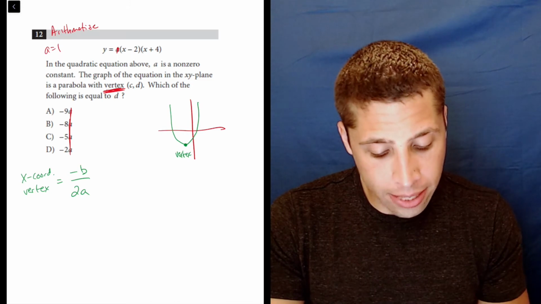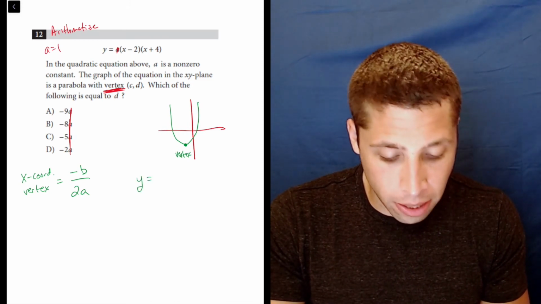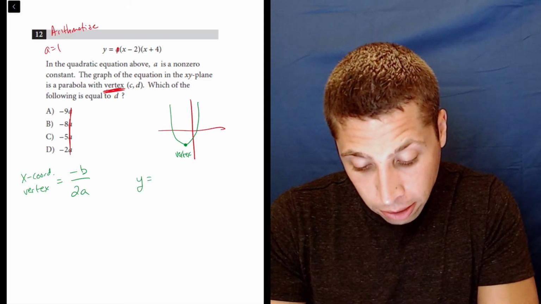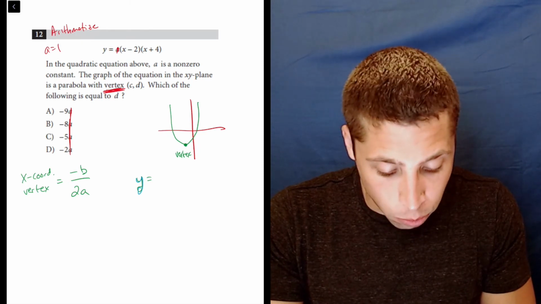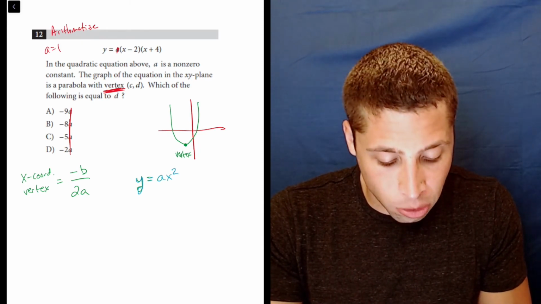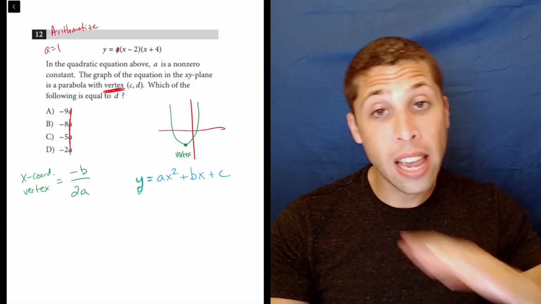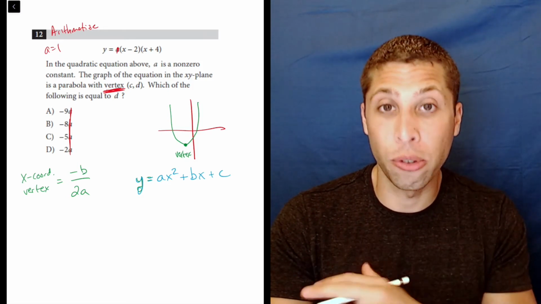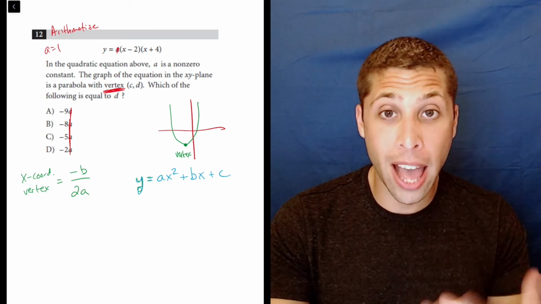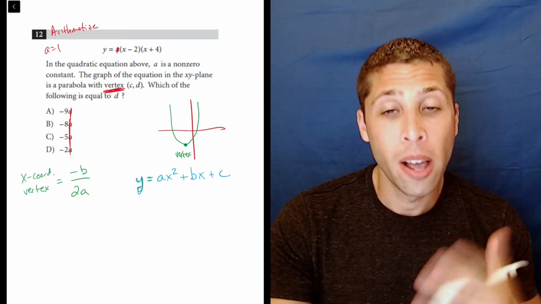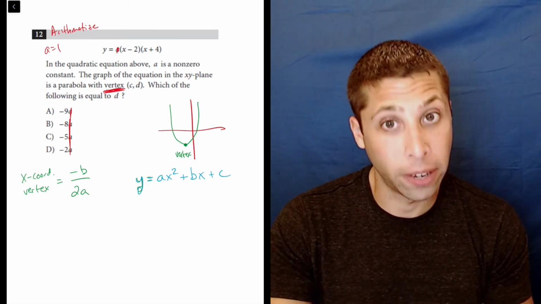So I need my quadratic to be in y equals ax squared plus bx plus c form. This is the same version of the equation that we use when we want to use quadratic formula. So a, b, and c correspond to the numbers that are attached to our variables.